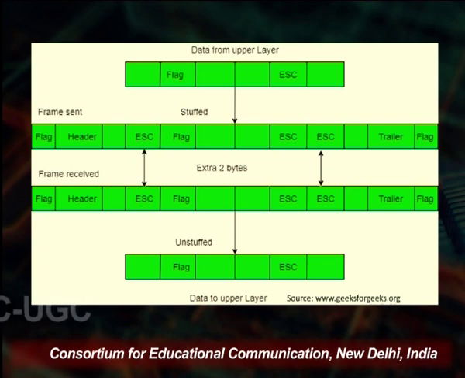These are the frames which are received. So, at one end the data can be stuffed in order to make separate frames, which are the frames sent, and at the end where the frames are received and passed to the layers above, they can be unstuffed.